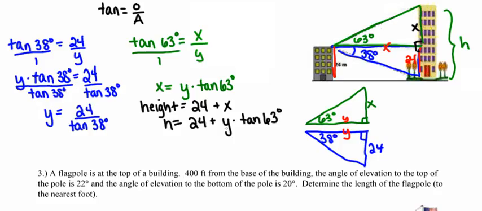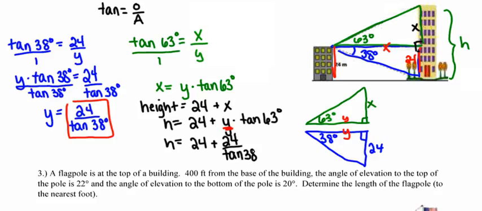But we know a Y value. We know our Y value is this 24 over tangent of 38 degrees. So I'm going to substitute that into my equation in place of the Y. So 24 plus the fraction 24 over tangent of 38 degrees, and we were multiplying that times the tangent of 63 degrees.